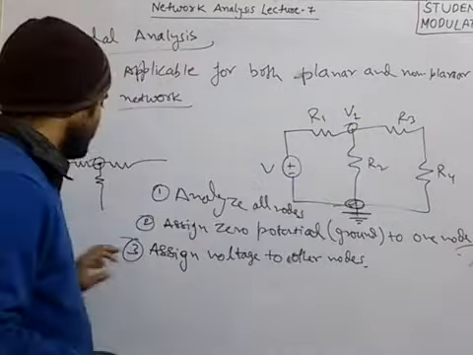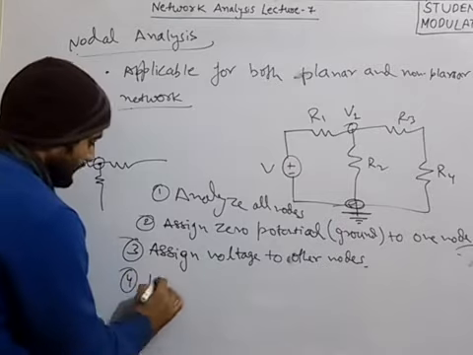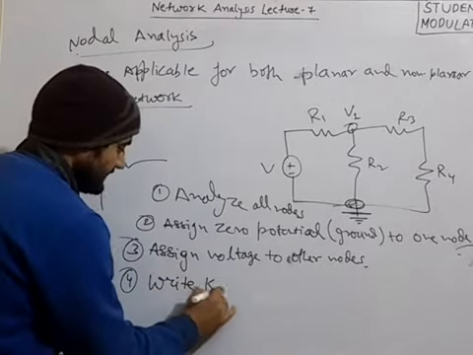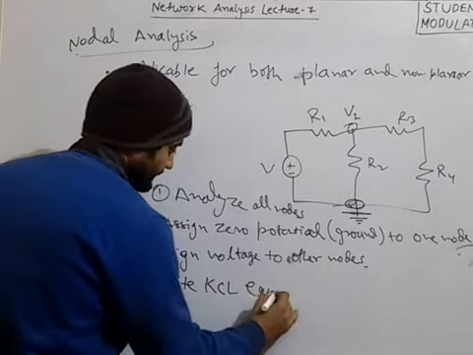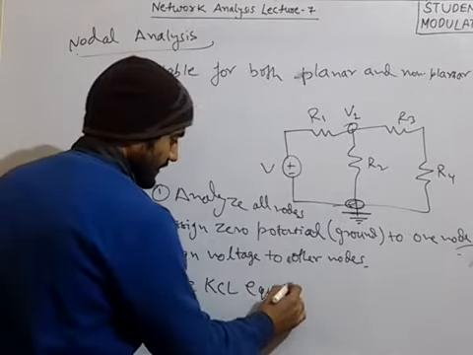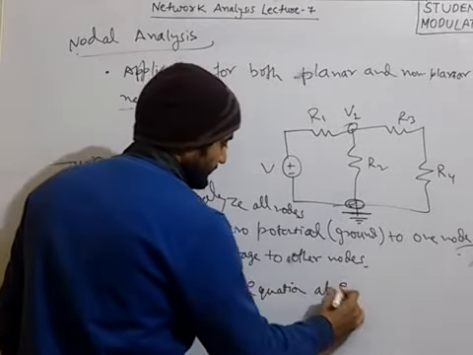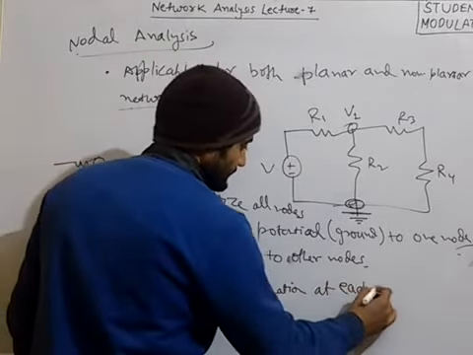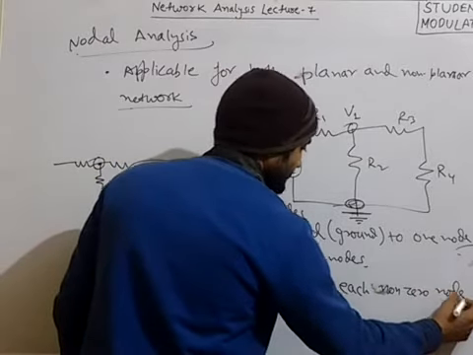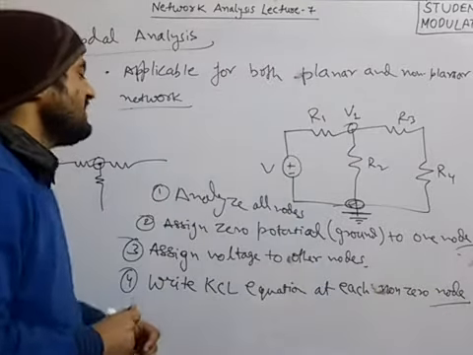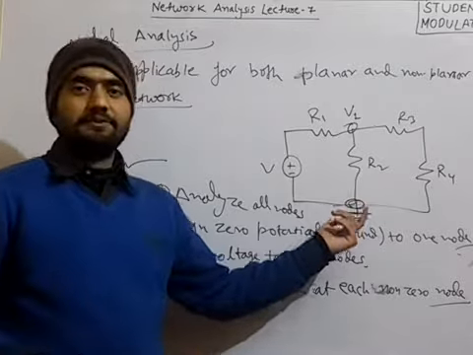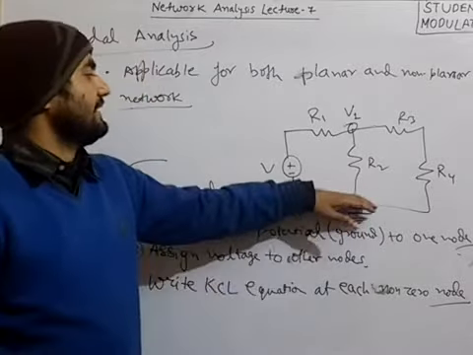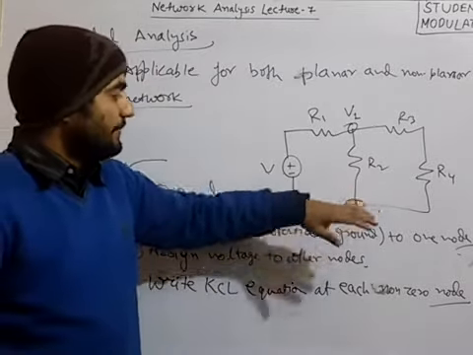Now the fourth step, we have to write the KCL equation at each node, or you can say each non-zero node. The node that has zero voltage, we will not write a KCL equation for.